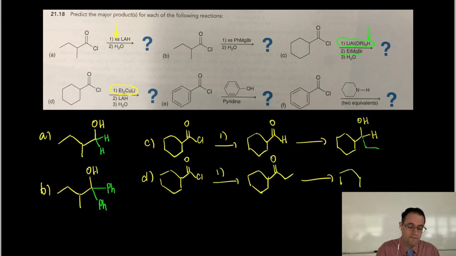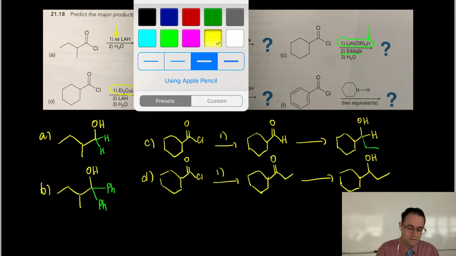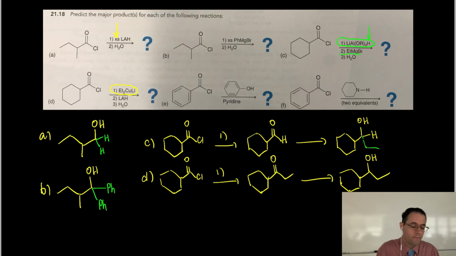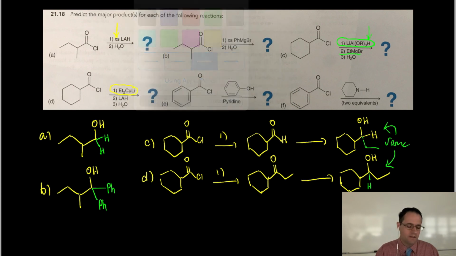So this is going to give you the alcohol here, and we're basically adding hydride. And at this point, I just want to mention that these are the same molecules. The product from C is the same as the product from D. You might look at those again now that you see that.